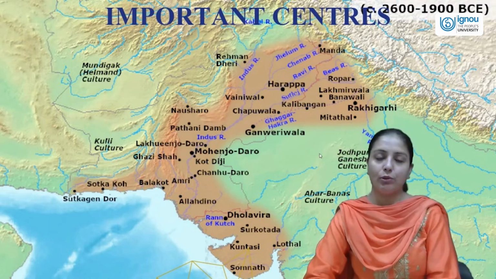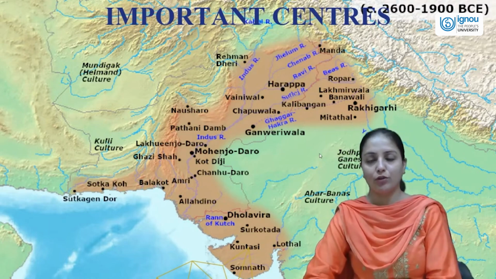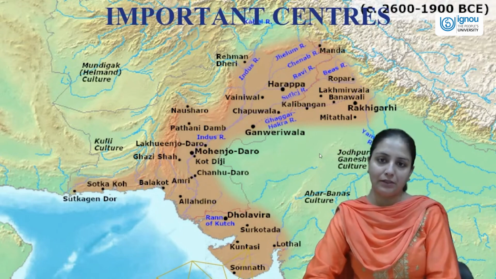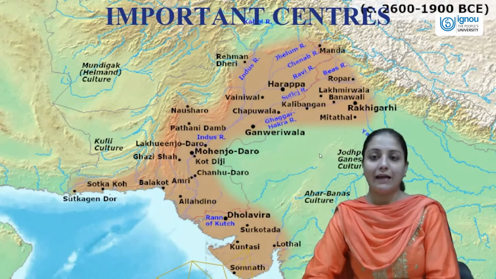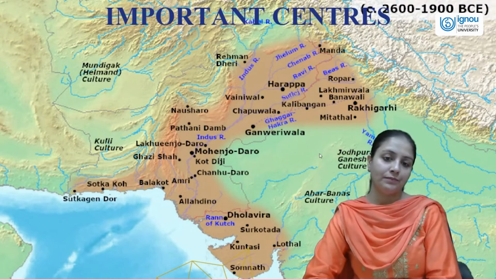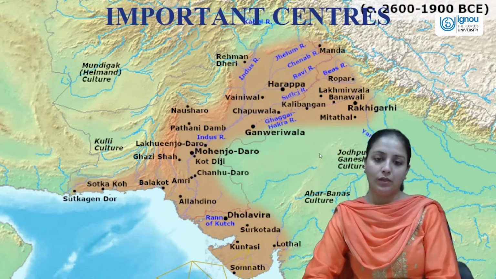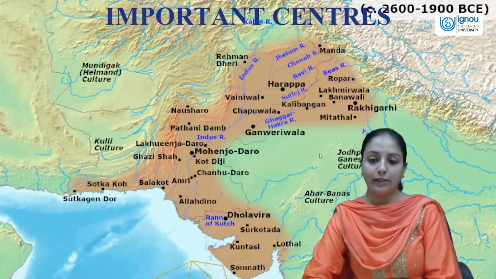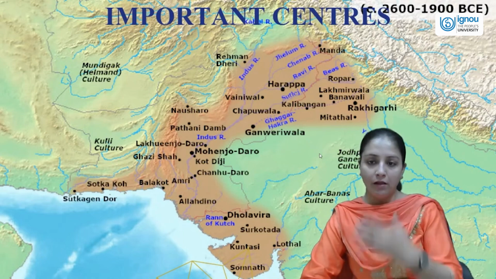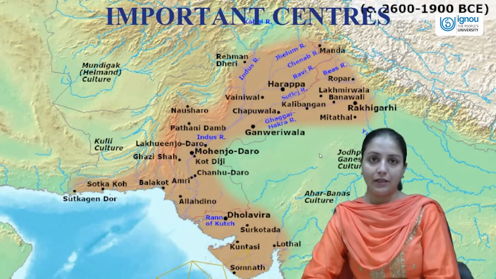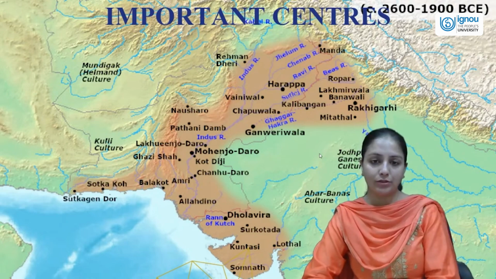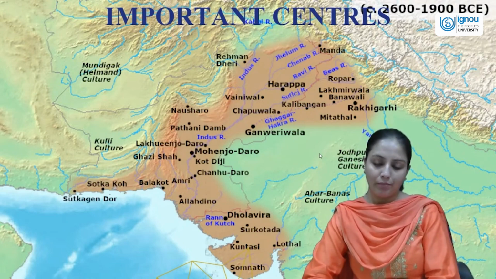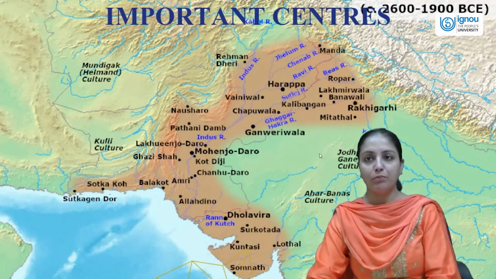Except Harappa and Mohenjo-daro, there are some towns and villages also, which we can see in this chapter, like Kalibangan, Rakhigarhi, Ganweriwala, Kot Diji, Chanhudaro, Amri, Balakot, Sutkagen Dor, Dholavira, Lothal, which is in Gujarat nowadays, you can see in the map. Very important places and towns. It is shown in the map in front of you.